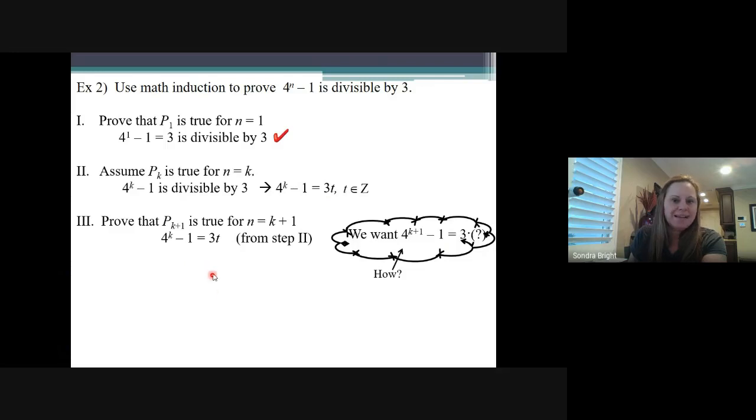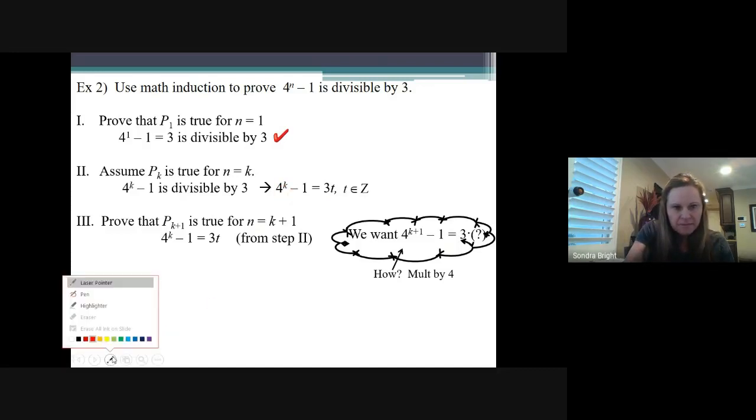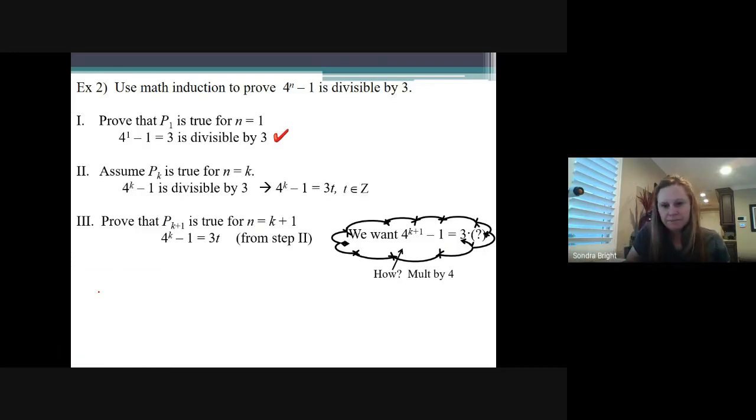So how am I going to get that? Well, if you remember properties of exponents, do you agree that if you do 4 times 4 to the k, this is like 4 to the power of 1 times 4 to the power of k: same base, keep the base, add the exponents.